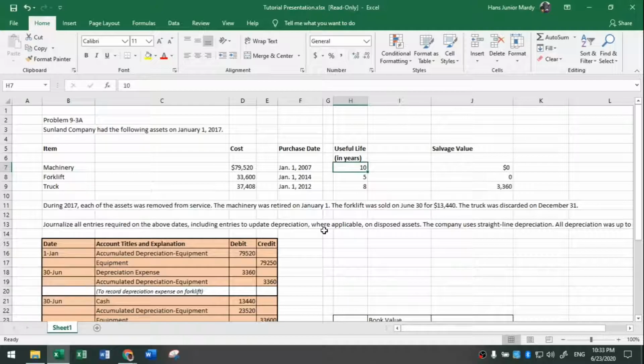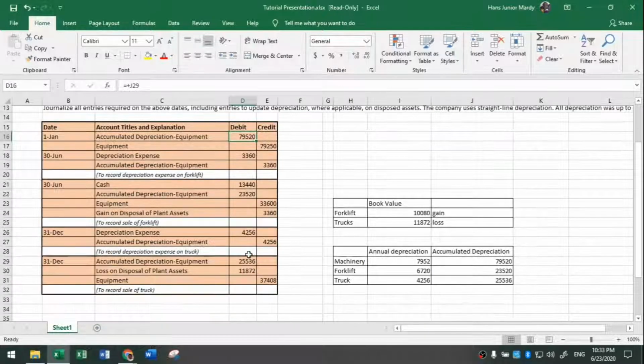We can see that it was retired on January 1st in 2017, which means the company did not receive anything in return when they gave away that machinery. So this is why I put accumulated depreciation equipment, which is this amount.